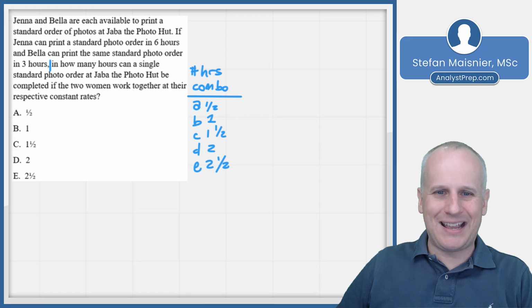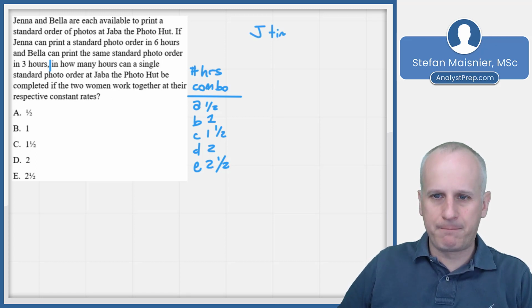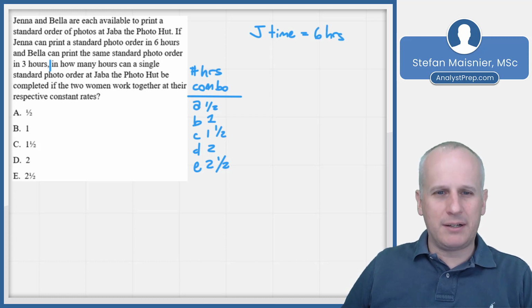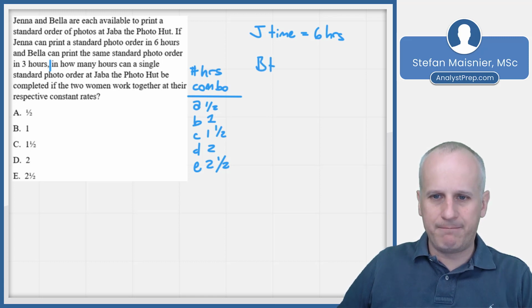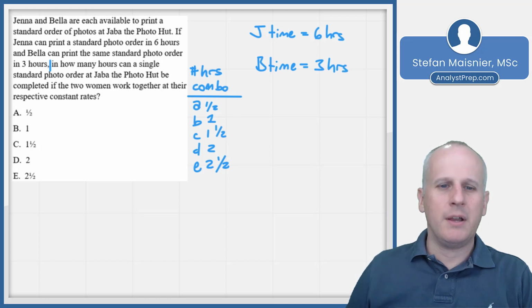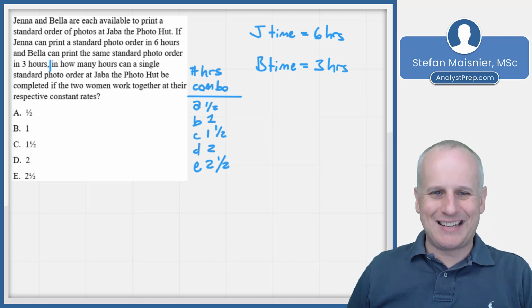If Jenna can print a standard photo order in 6 hours, so J time is equal to 6 hours, and Bella can print the same standard photo order in 3 hours, so the B time is equal to 3 hours. How many hours can a single standard photo order be completed if they work together?